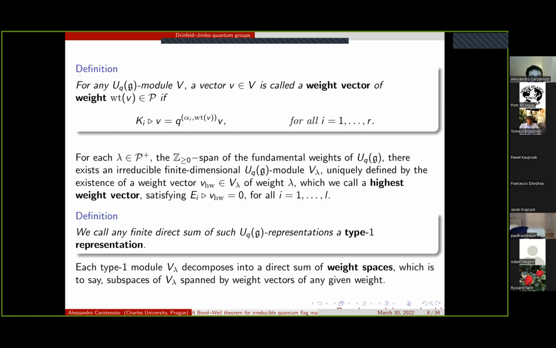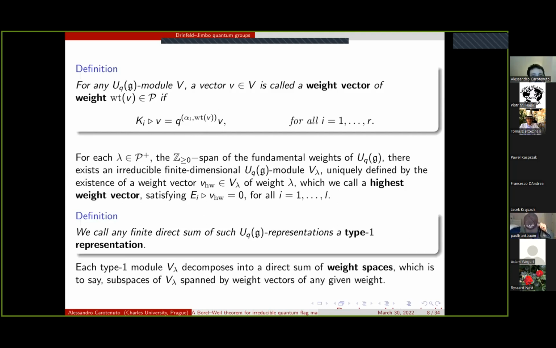So yeah, we call any finite direct sum of this representation of U_q(g) a type 1 representation. And as a matter of fact, they coincide with the classical finite dimensional representations. And so we know that each type 1 module V_lambda will decompose as a sum of weight spaces, which is just to say subspaces of V_lambda which are spanned by vectors of a given weight.